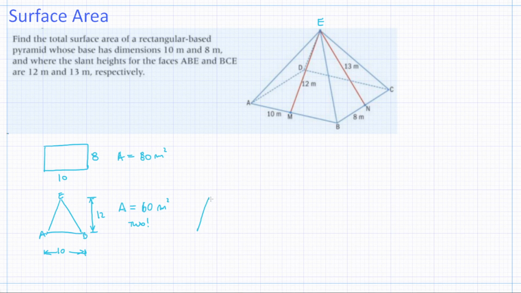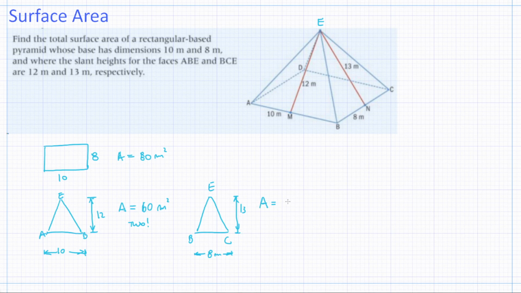Now the other triangle that we have is this BCE. So BCE, my height is 13 meters and my base is 8 meters. So if I calculate my area, same thing again.